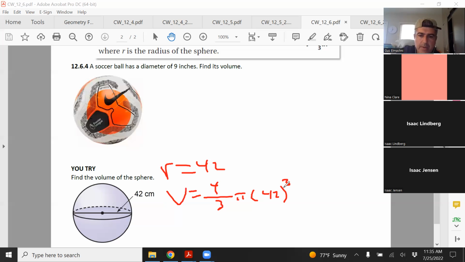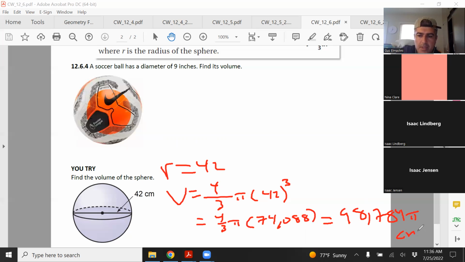2 raised to the 3rd power, divided by 3 times 4. I'm getting 98,784 pi.